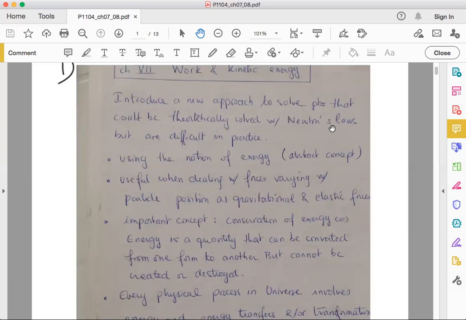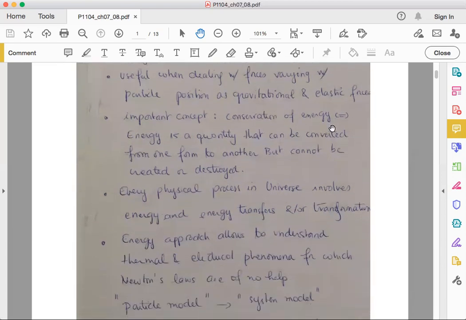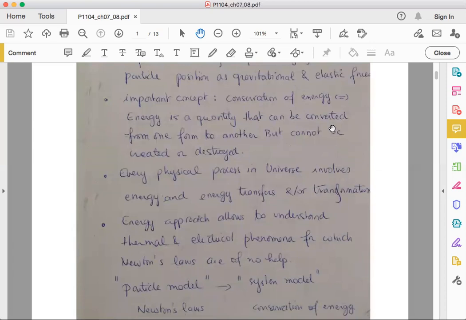And that's why here we are going to use a new model to describe our object. Instead of having the particle model as our model for the previous chapters in mechanics, in kinematics and dynamics, where we modeled all the objects we were studying as particles, in this chapter we are going to model our object as a system.